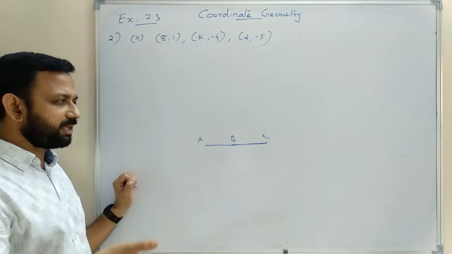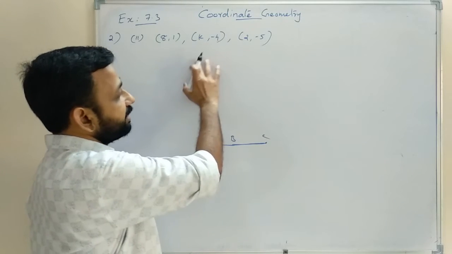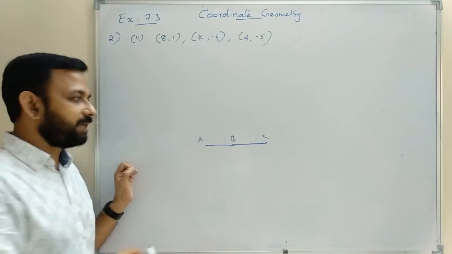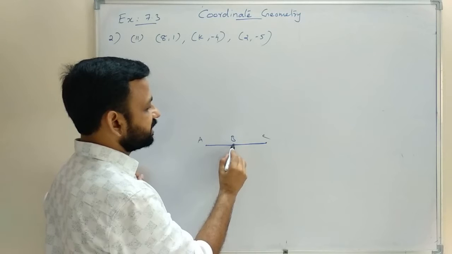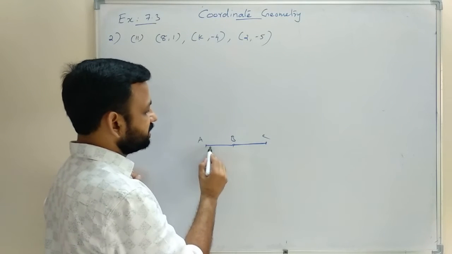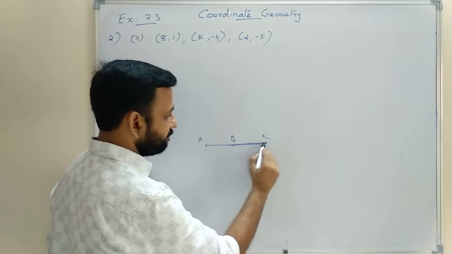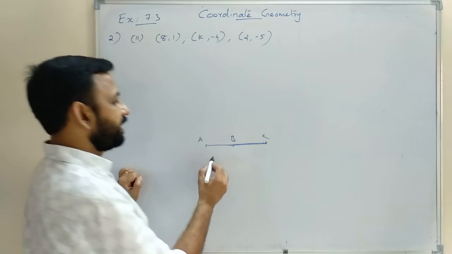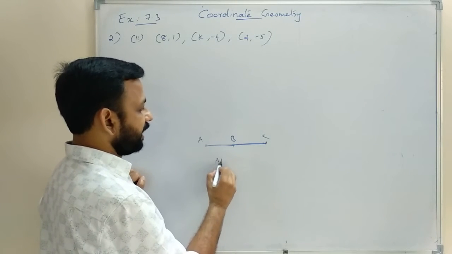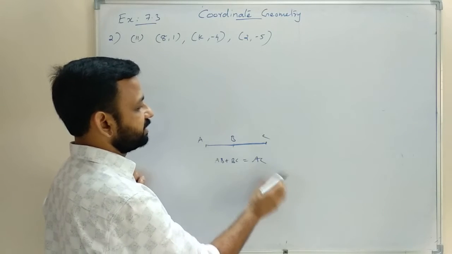So here in a previous exercise we did the same type of question. If they are collinear, in the previous exercise I think we did it like this. By using distance formula we calculated AB, then BC. Then if they are collinear, AB plus BC is equal to AC.